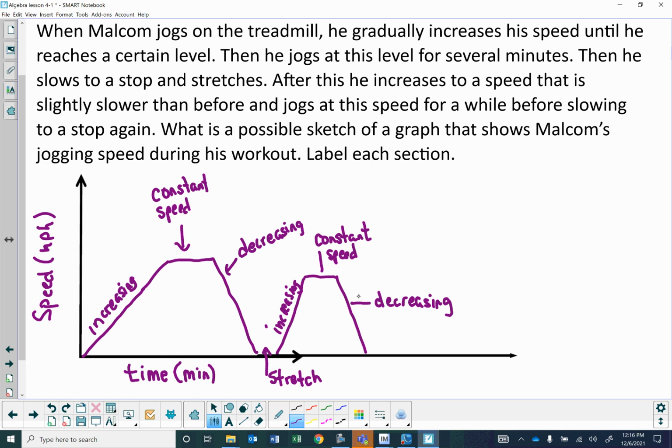The last thing we need to do is title our graph. Every single time you have a graph, you should title it. Since he's working out and his name is Malcolm, let's call this Malcolm's workout.